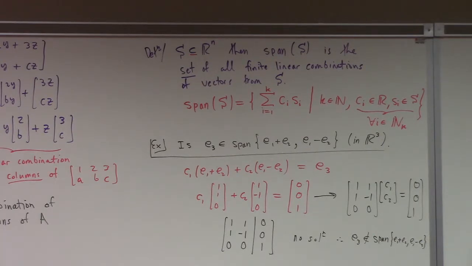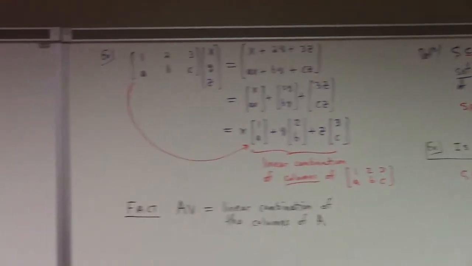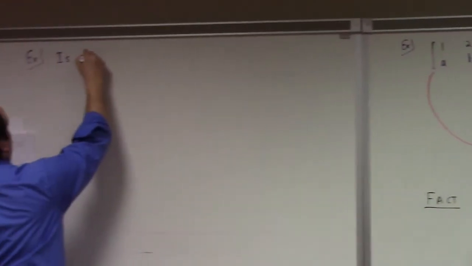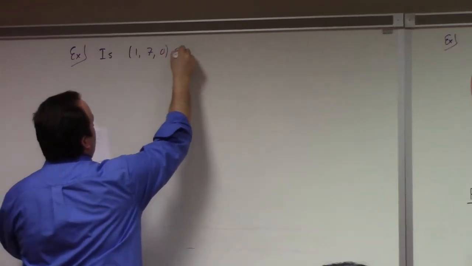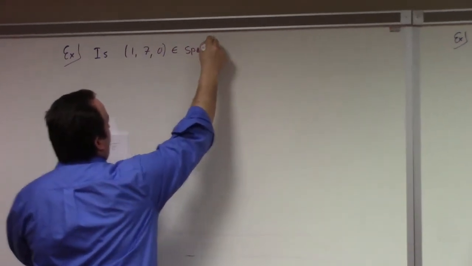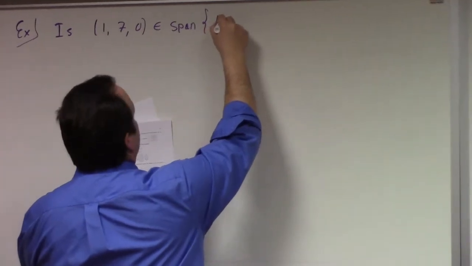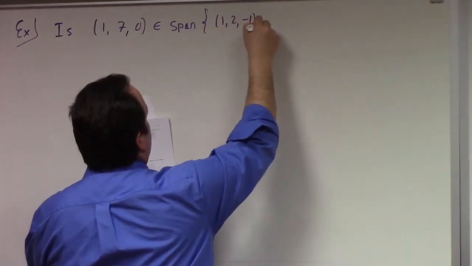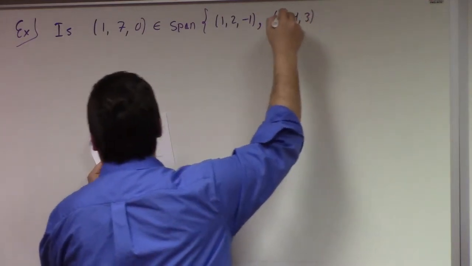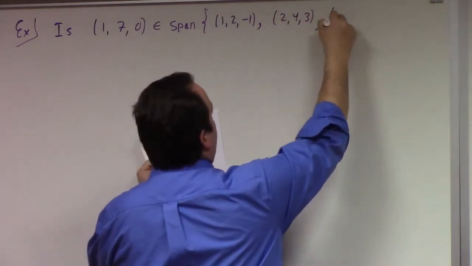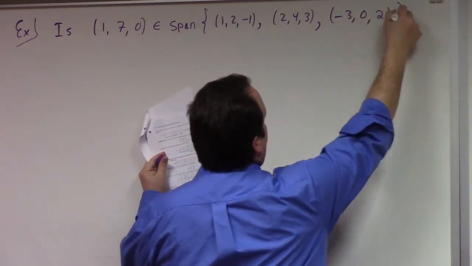Second example, and this is another three-dimensional example: is (1, 7, 0) an element of the span of, let's say, (1, 2, -1), comma, (2, 4, 3), comma, (-3, 0, 2)?